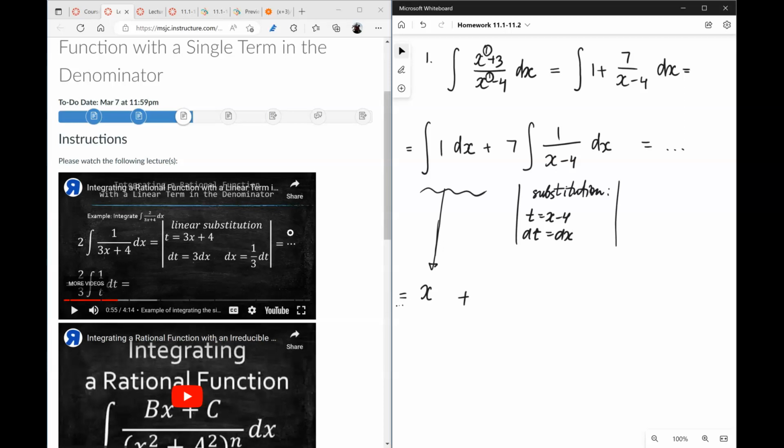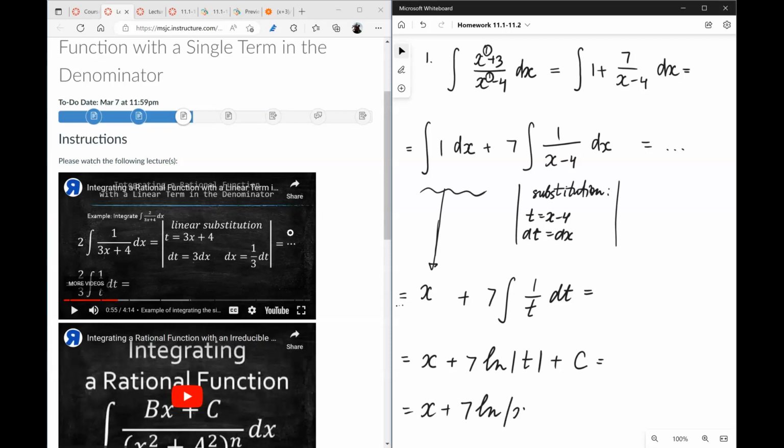And this integral becomes 7 integral of 1 over t dt, which is ln absolute value of t, but t is 2x minus 4.